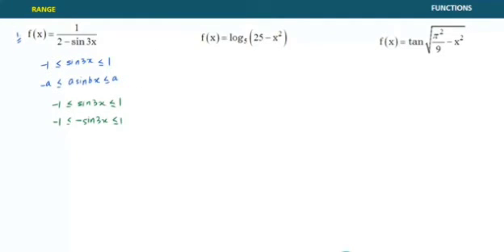So if you want to learn the property that I have used here, the inequality formula is: if x lies between a to b, then minus x will lie from minus b to minus a, right? This is what you should actually remember. Again, a new formula for you people. But because a and b have the same magnitude here, you were not able to figure out what I have done.